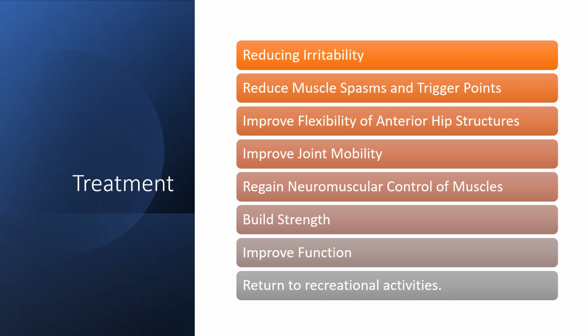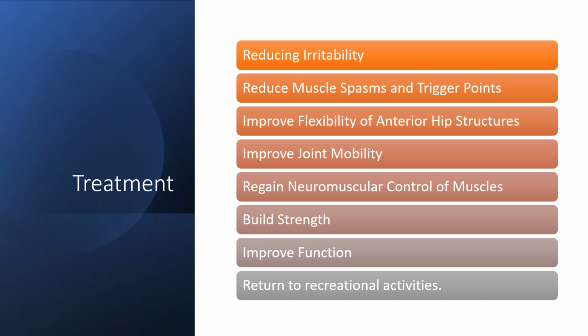Combine that with your foam roller and your massage creams and your ices, and you're well on your way to getting that irritability calmed down and those trigger points to relax and stop protecting that joint, so we can move into the other processes for rehabilitation.